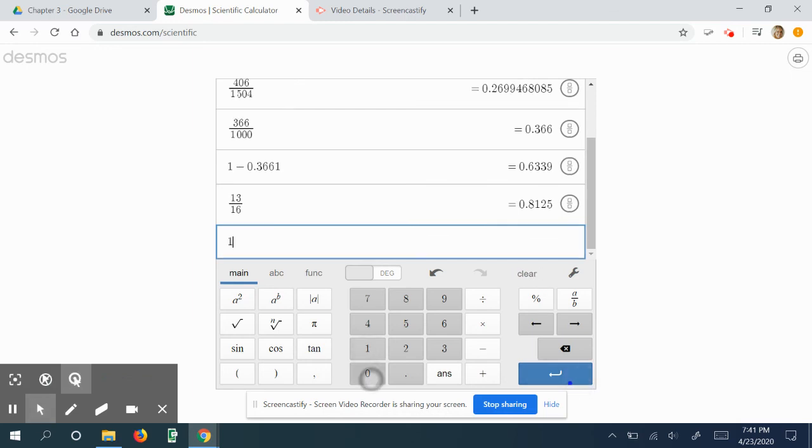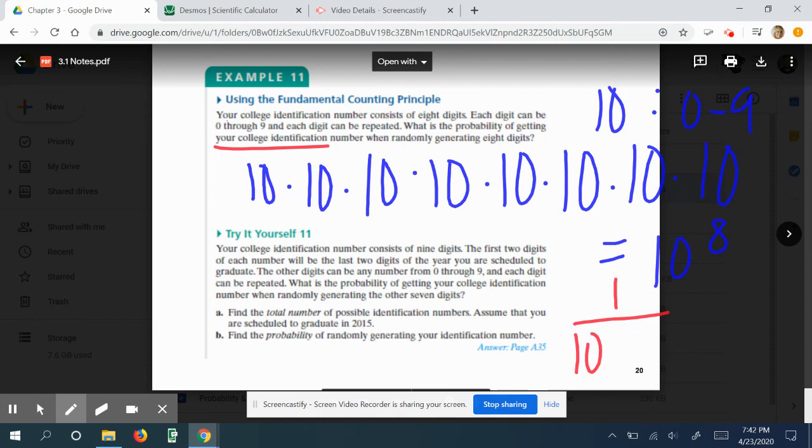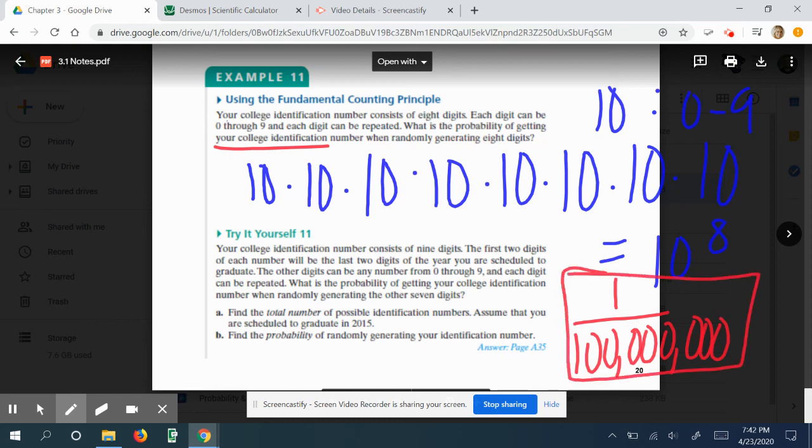I'll say 10 to the 8th power is 100 million. So the probability of that happening would be, you only have one college ID number, so it'd be 1 out of 100 million, which if you wanted that as a decimal, it'd be a lot of zeros with it. So we can just leave it like this if you'd like.